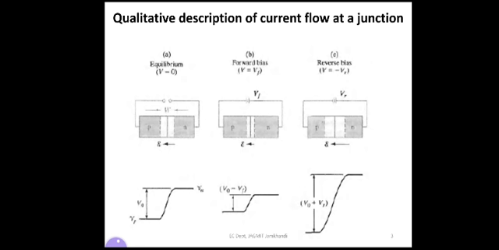The electrostatic potential barrier at the junction is lowered by forward bias Vf from the equilibrium contact potential V0 to the smaller value V0 minus Vf. You can observe the energy band diagram here. This lowering of the potential barrier occurs because in forward bias, P is positive with respect to N. Forward bias raises the electrostatic potential on the P side relative to the N side.